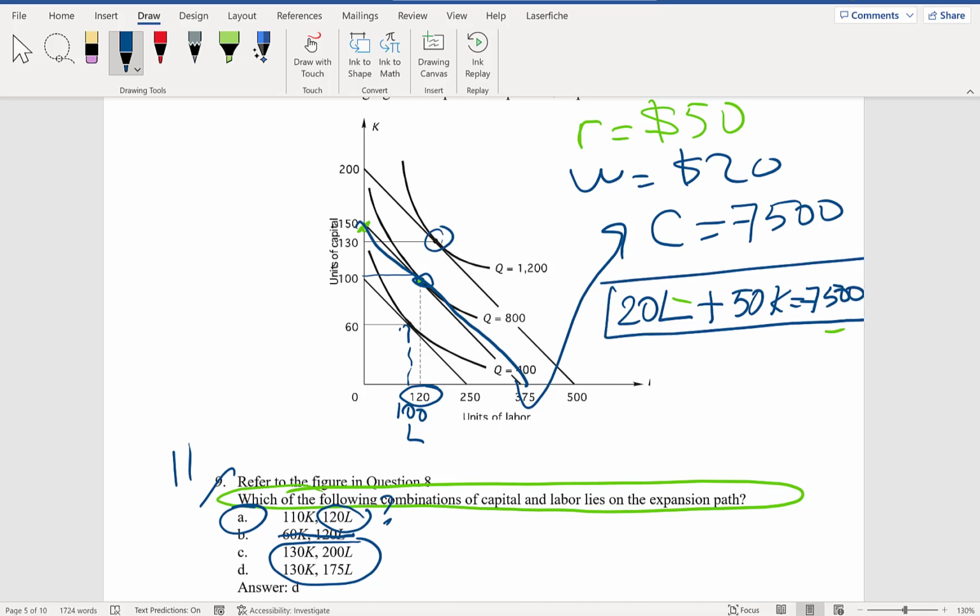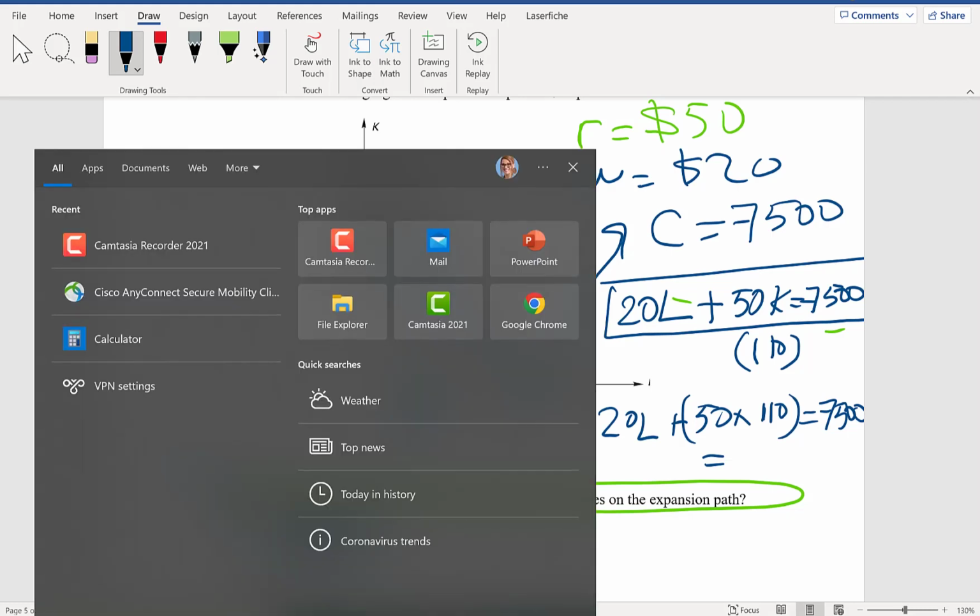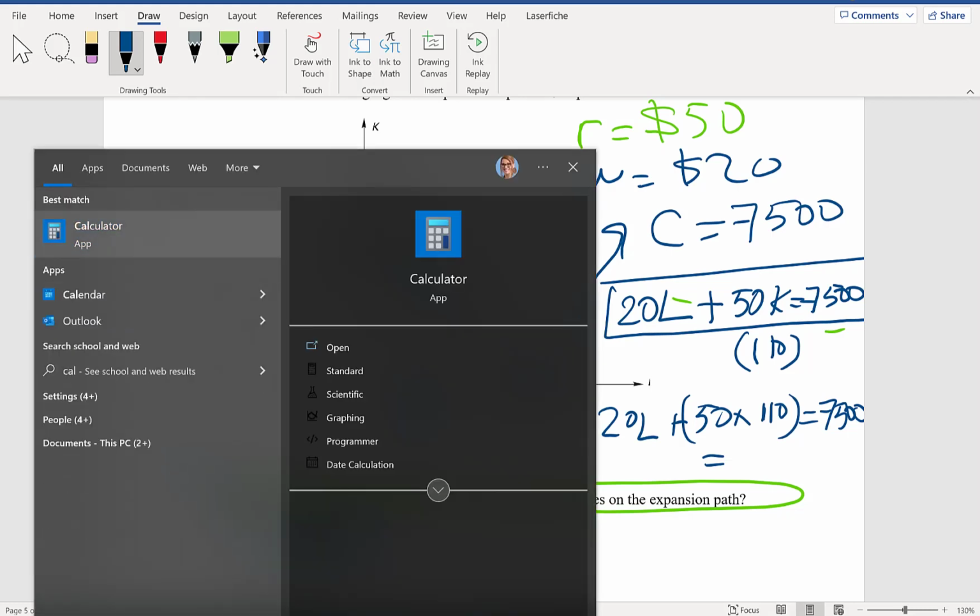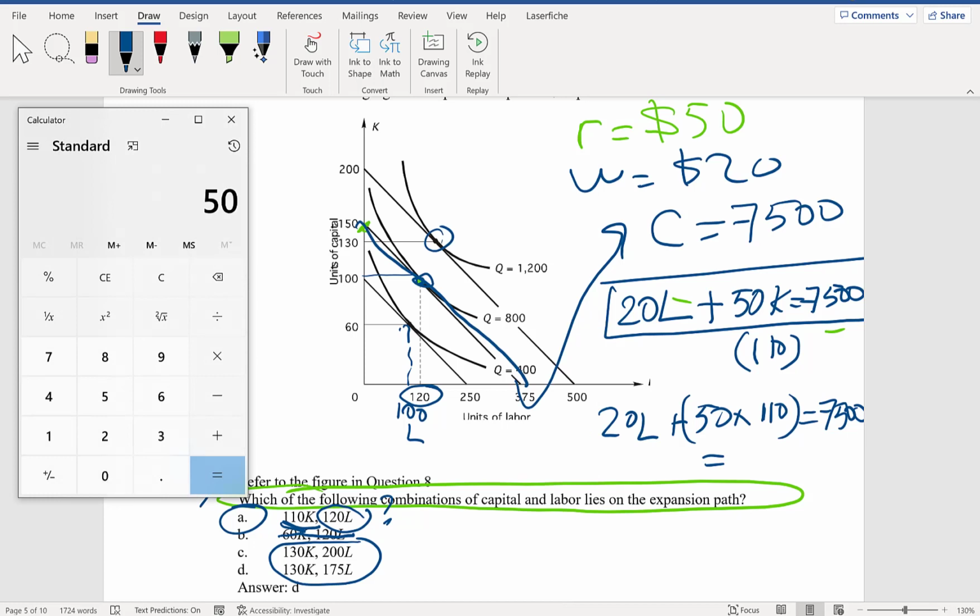So I'm going to plug in 110 capital. Whenever I see capital, I'm going to plug this in. 20L plus 50 times 110 equals 7,500. Okay, so 50 times 110, I'm going to use a calculator. 5,500.